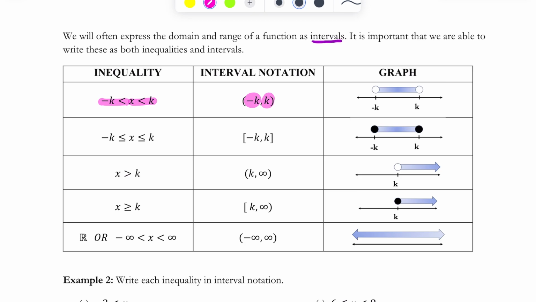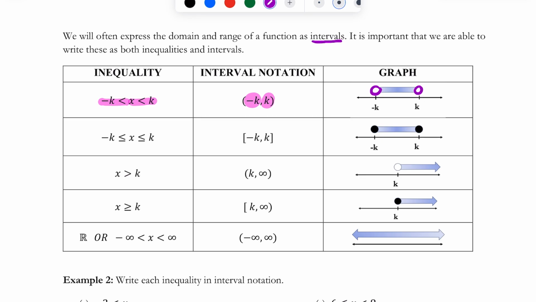Now, since it is not included there, that means I don't have the equal lines underneath like I do down below. That means that it's actually not included at the actual value of k. Hence why we use parentheses or these open circles, okay?